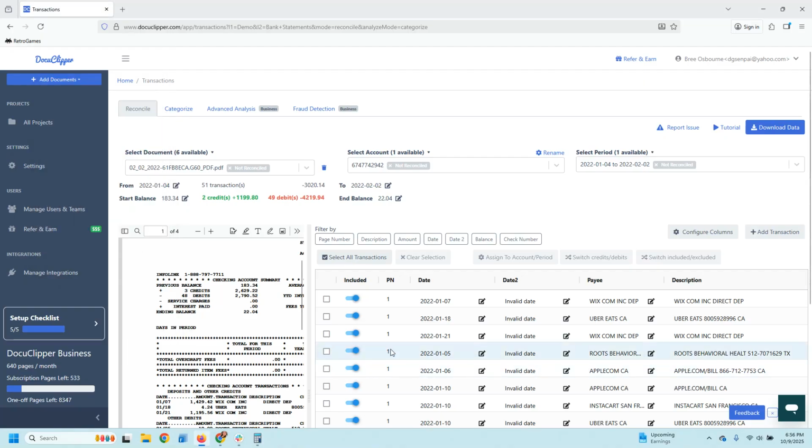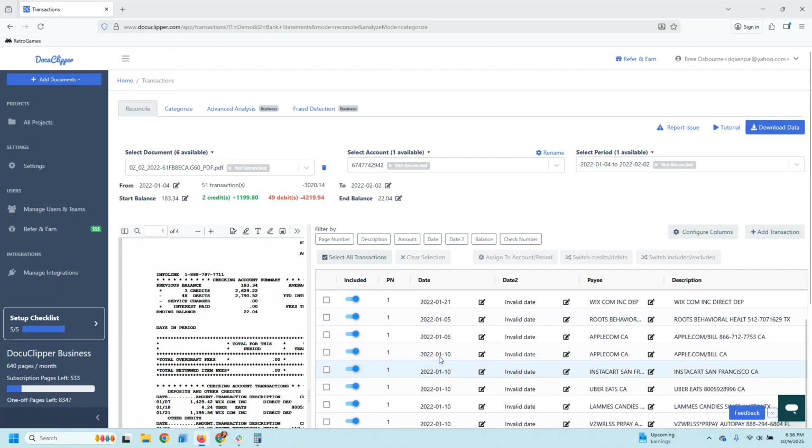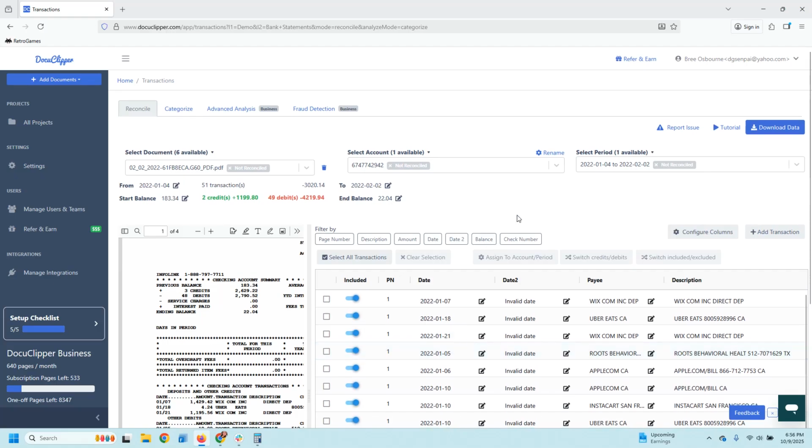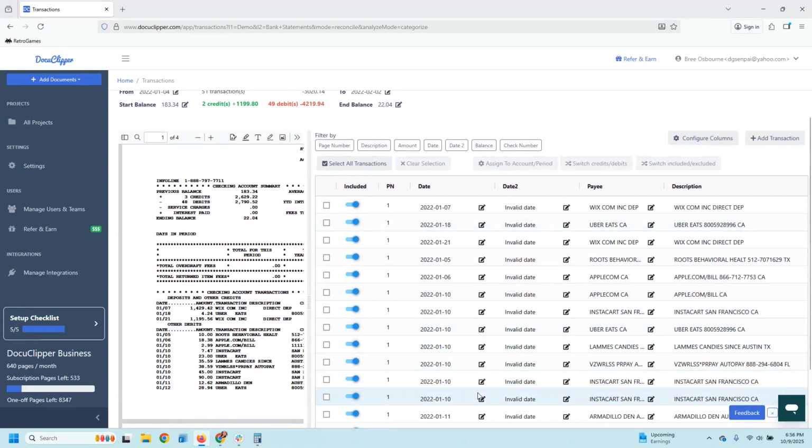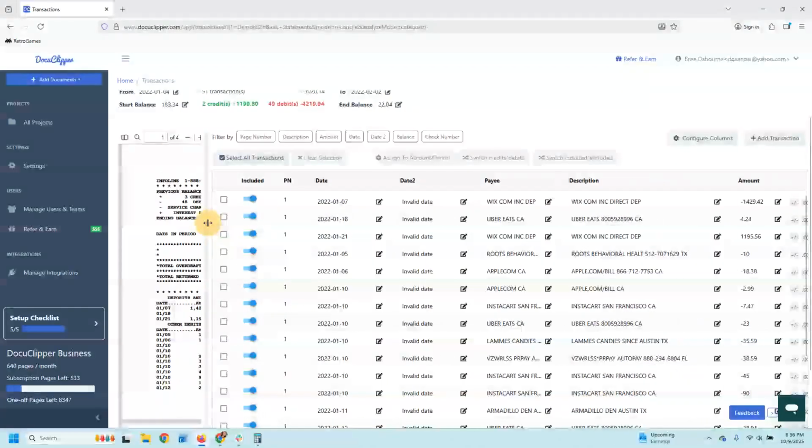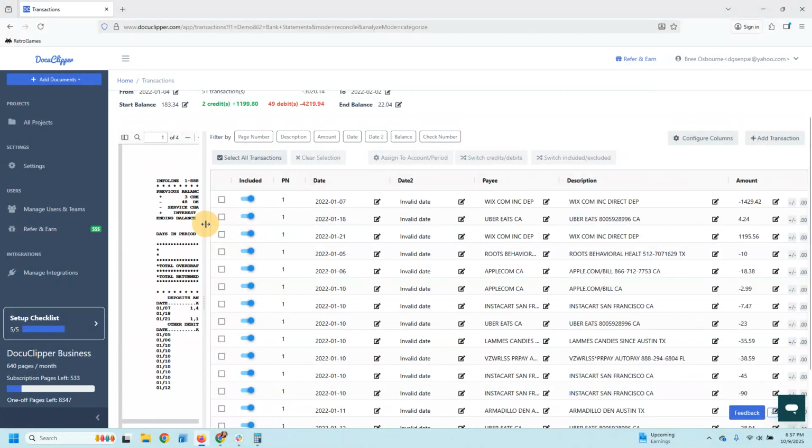So that means there is likely one transaction that either was not picked up or was not listed as a credit by DocuClipper. So if we simply expand the right-hand pane, we can look through our transactions, and we actually see here that this direct deposit in the amount of $1,429.42, this is actually listed as a debit and not a credit.